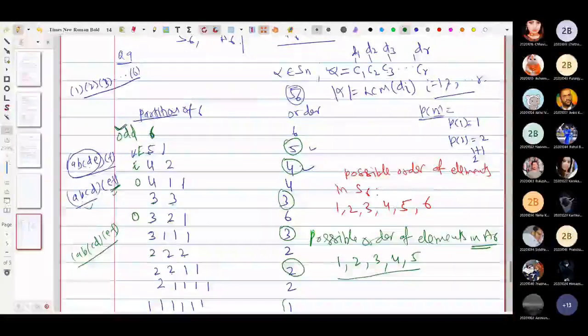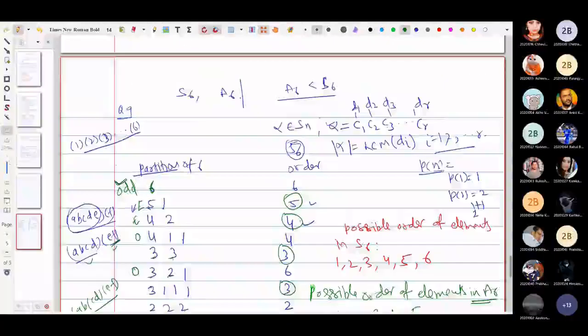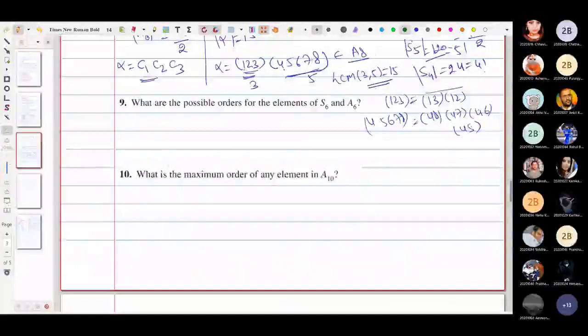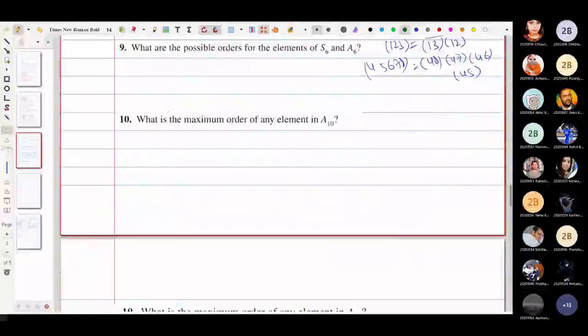Okay, do you have any doubt until now? Okay. Similarly, you can find out the maximum order here in A10. So how will you find the maximum order of this?